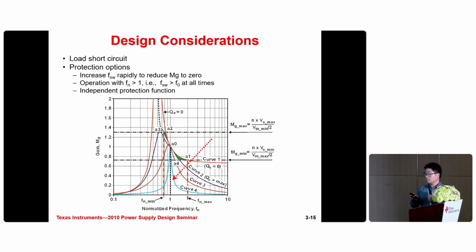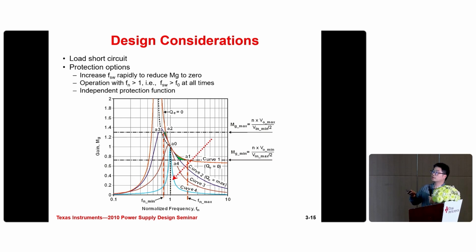But if there is a load short at the secondary side, what shall we do? If there's a short at the secondary side, the curve of the gain will go from K1 to K2 to K3 to K4.